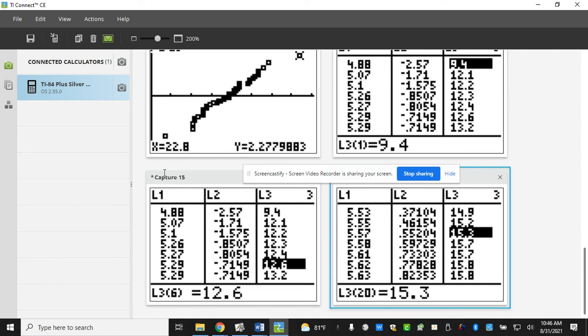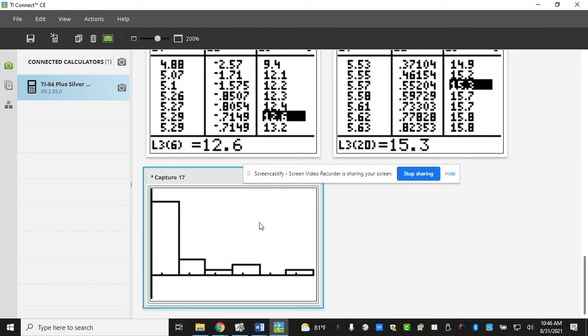So we got a whole bunch of 1s. So I'm going to do a graph. I just made a graph that looks like this.